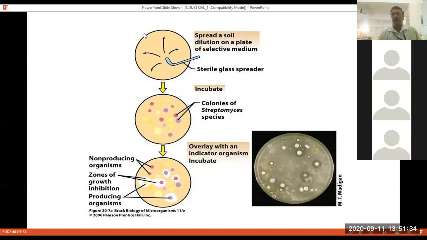Now that dilution, or you call it the inoculum, contains bacteria 100%, but I am not sure that the dilution is 100% containing the antibiotic producing microorganism. Now that plate I will keep in the incubator or at room temperature.